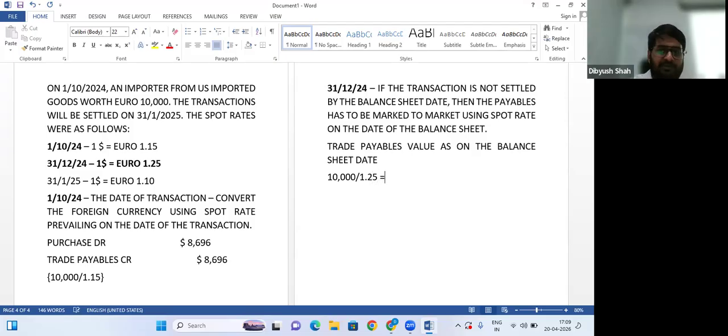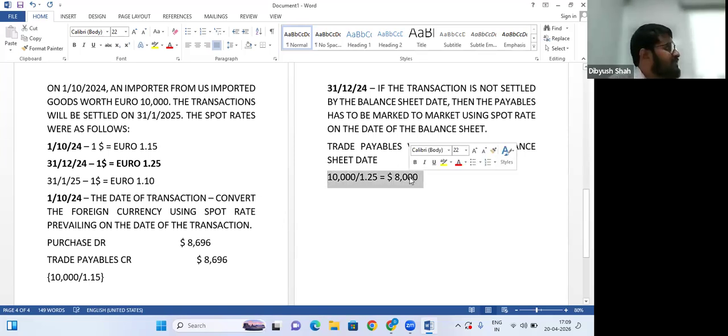What's the value? 8,000. If you understand, that means on this date, if the company sells $8,000, it will be able to buy the 10,000 euros needed to settle the transaction.